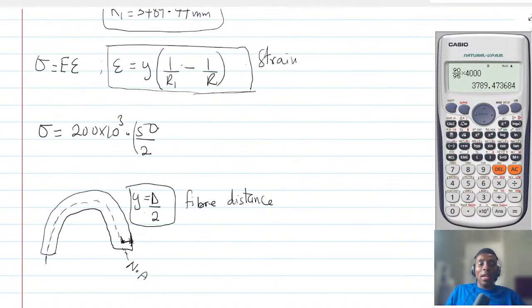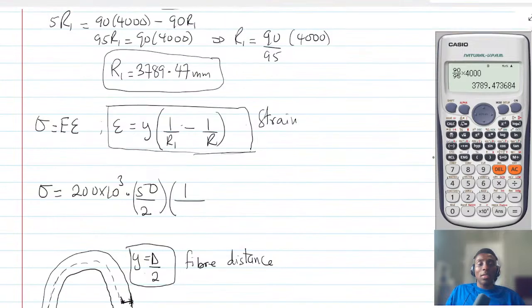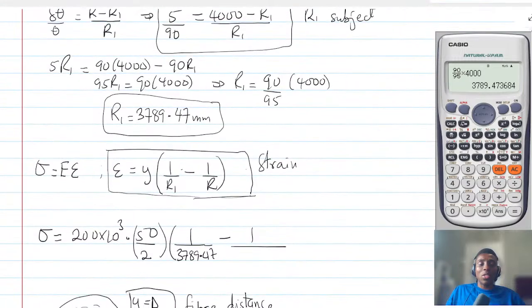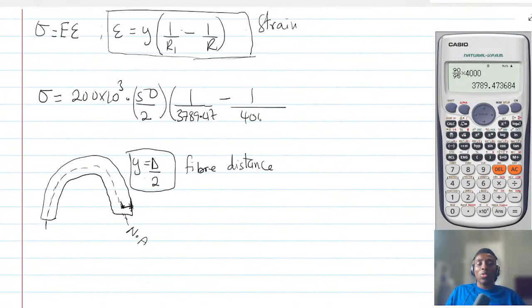Then you multiply the 50 divided by 2 by 1 over the new radius, and the new radius we had was 3789.47, minus 1 divided by the original radius, which is 4,000.